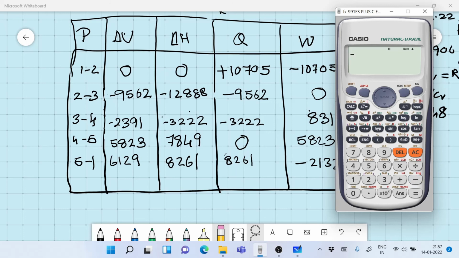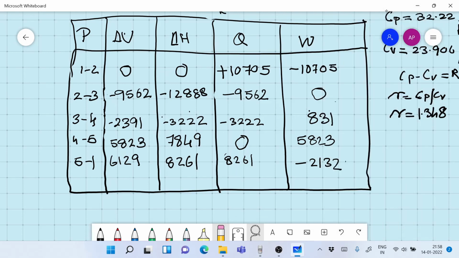Minus 9,562 minus 2,391 plus 5,823 plus 6,129, and we get this as minus 1. Now this error is expected because we have rounded off the decimals, and we should take this as 0 because this is going to be an insignificant error. So we take this as 0.